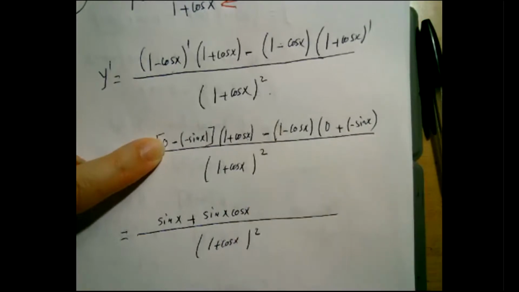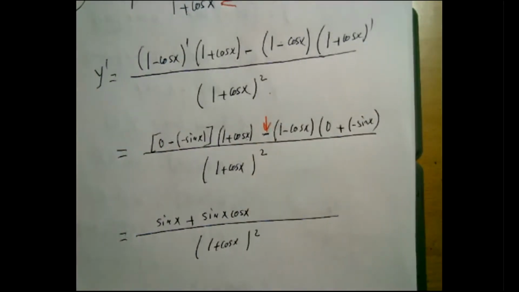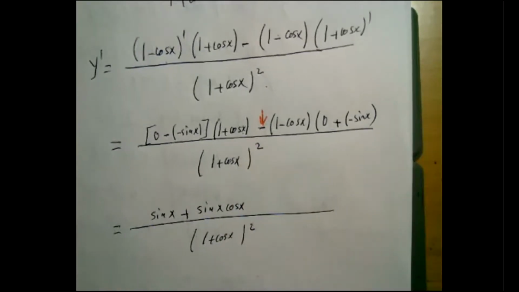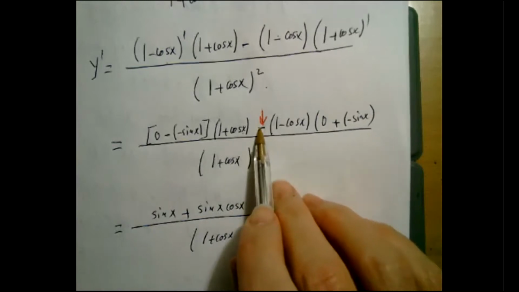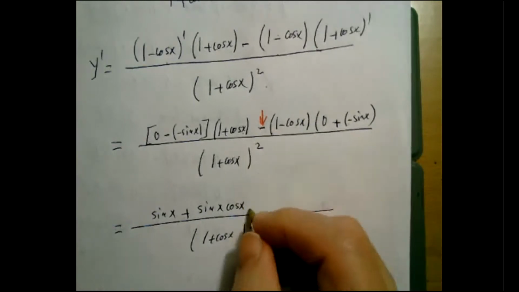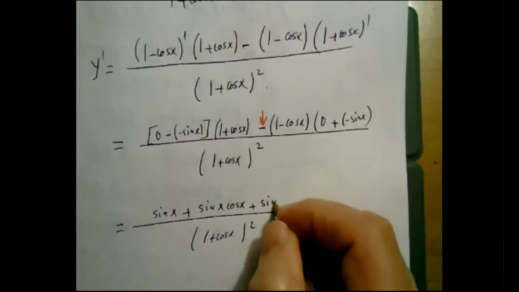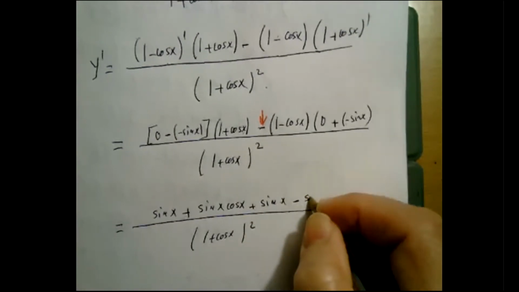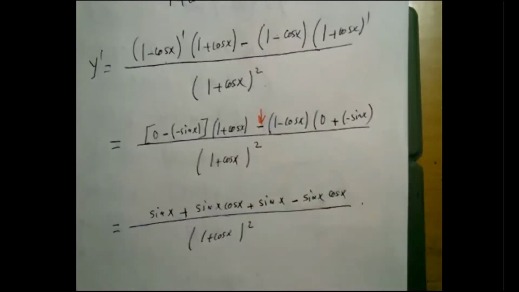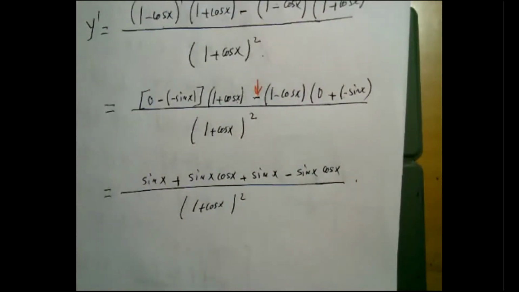Here I have a minus, and we have to be very careful. A lot of you, as I said before, are not paying attention when distributing a minus sign, and it gets you into a lot of trouble. I have a minus here and a minus here, which give me a plus. So I will have plus the sine x minus sine x cosine x. So be very careful when you distribute.